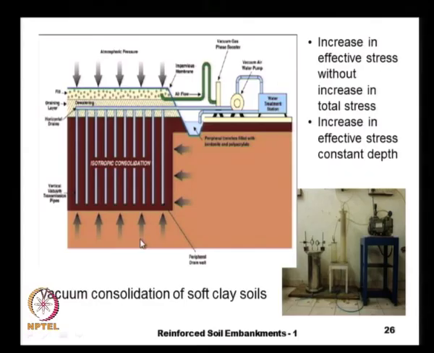Another very popular method is the use of vacuum pressure for accelerated consolidation. Here what we do is we seal the soil to be treated completely by using geomembranes or some other techniques, by digging trenches and filling with bentonite or polymer mixed bentonite slurry, so that the entire volume of soil that is to be treated is sealed, and we apply vacuum.